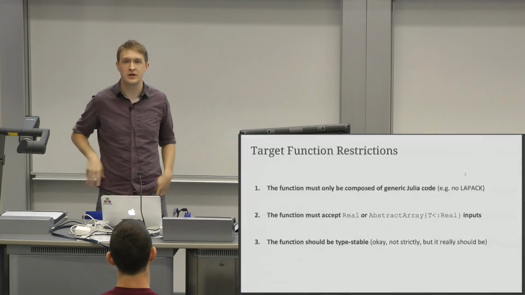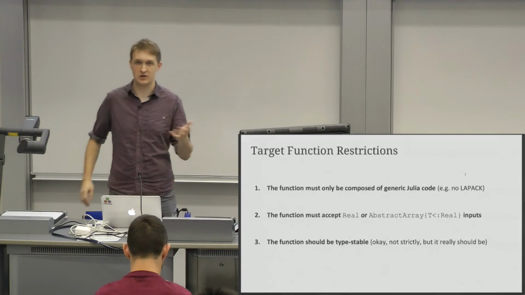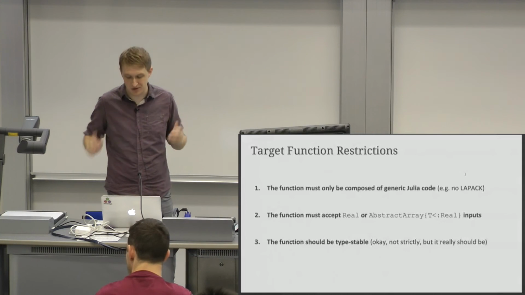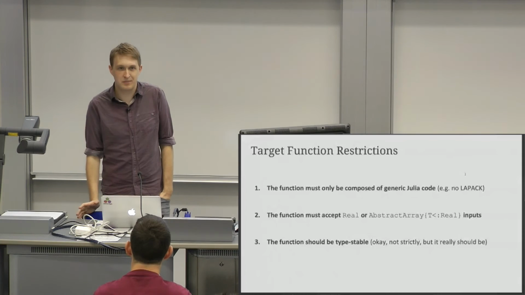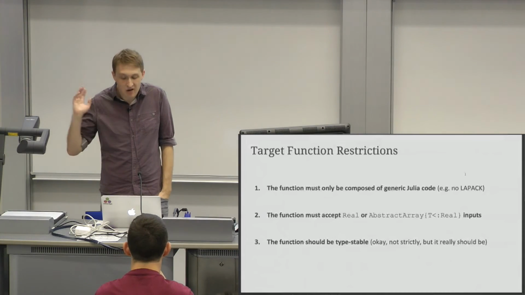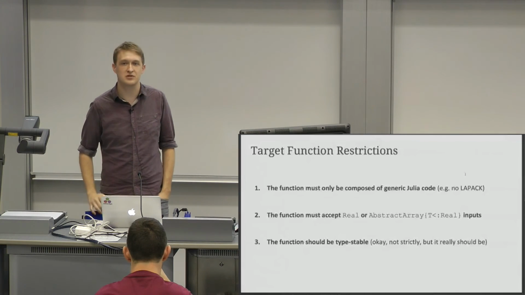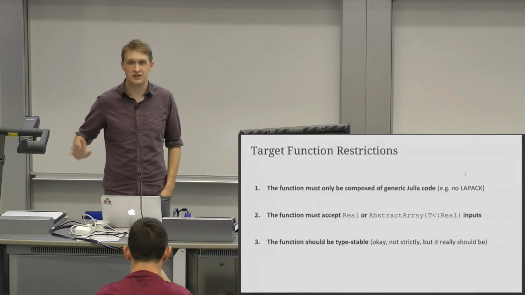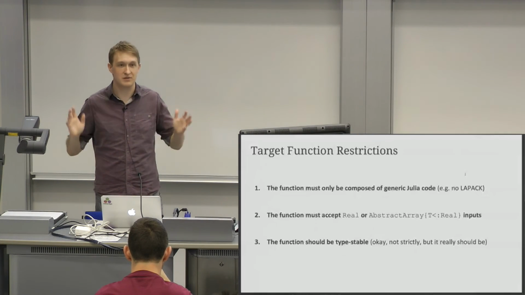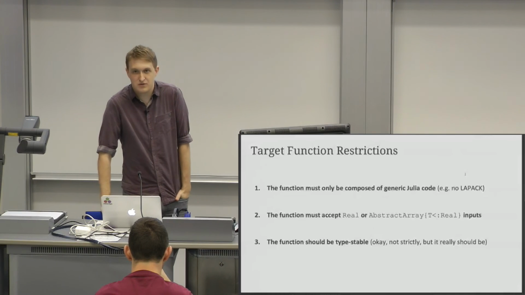You can overload derivatives pretty easily yourself if you happen to know the derivatives. But your function must also accept a generic enough input. As long as you are using the real number interface in Julia and not doing anything extremely hard-coded, like converting everything specifically to float for whatever reason, then it should work. And your function should be type stable.